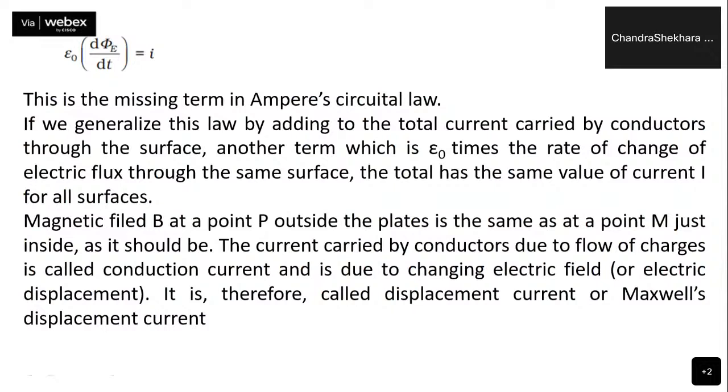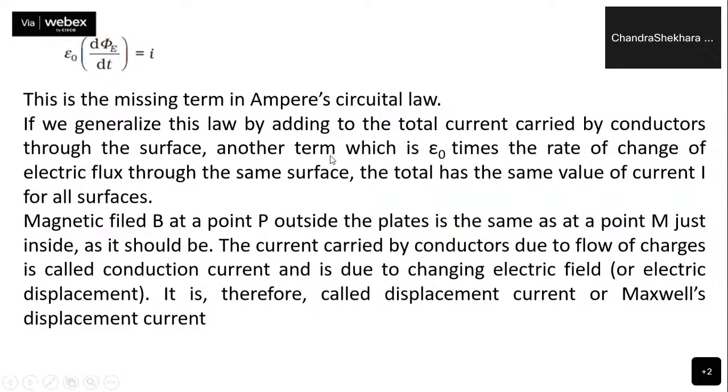Now, the magnetic field B at a point P outside the plates is the same as at a point M just inside, as it should be. The current carried by the conductor due to the flow of charges is called the conduction current, and the other is due to the changing electric field or electric displacement. It is therefore called displacement current, or Maxwell's displacement current.